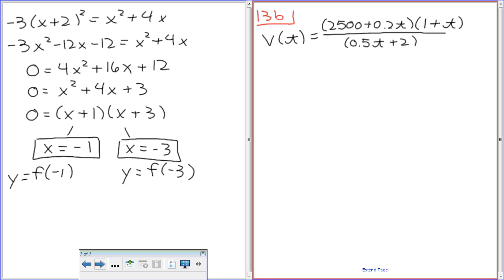Okay. And this to the 1/2, sorry, as well. Okay, here we go. I'm just going to do the denominator. I'm going to do this to make it easier. F of x is equal to the numerator.